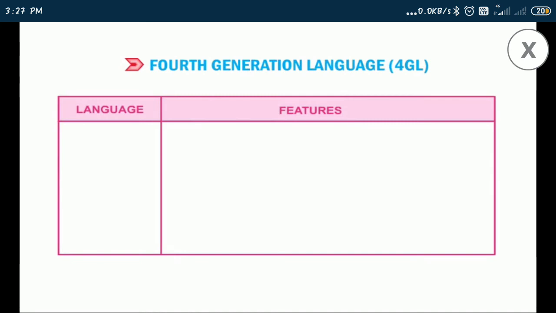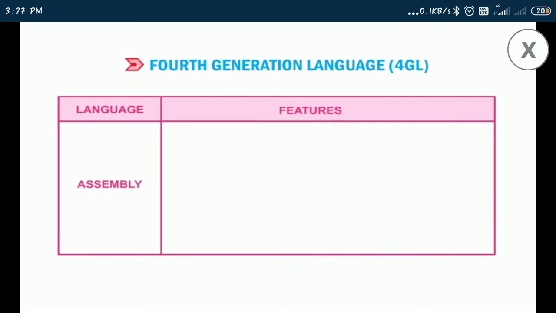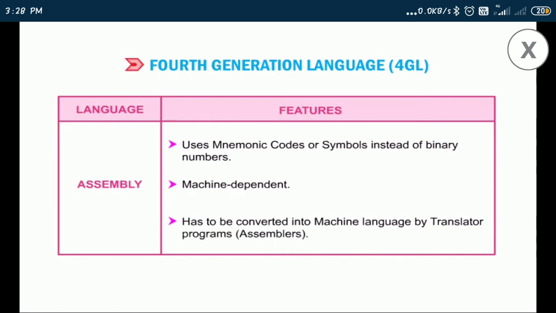Now, let us briefly sum up about computer languages and their features. Machine uses binary codes to depict operators and data. Machine dependent, the only language directly understood by a computer. Assembly uses mnemonic codes or symbols instead of binary numbers. Machine dependent, has to be converted into machine language by translator programs, assemblers.